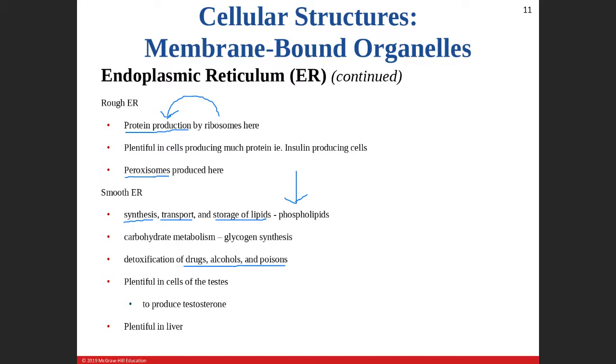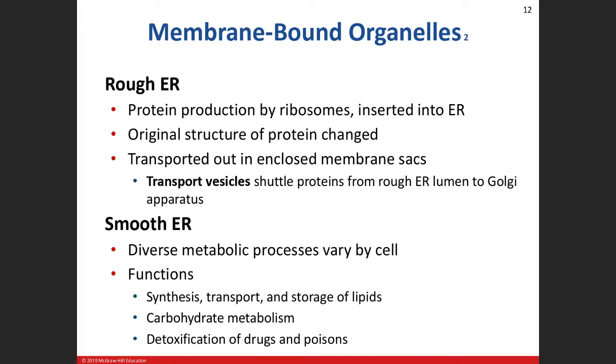So on a big night of drinking, like New Year's Eve or the night before Thanksgiving, the hepatocytes' smooth endoplasmic reticulums are going to be very busy the next day, or several hours after folks have started drinking, detoxifying all that alcohol they've consumed. So we'll see a lot of smooth endoplasmic reticulum found in the liver, because the liver does have a series of diverse functions in many different systems throughout the body.